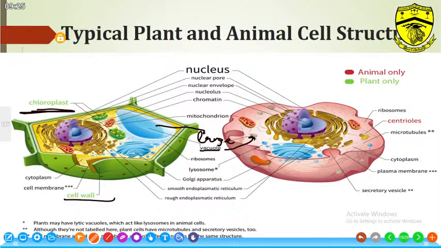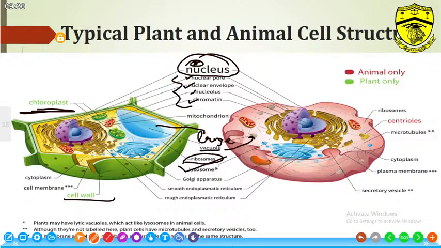Next one, the nucleus contains these four parts: nucleolus, chromatin, nuclear envelope, nuclear pore. That is present in both plant and animal cells. Next one, the ribosomes are also present. But the lysosome is only present in animal cells.